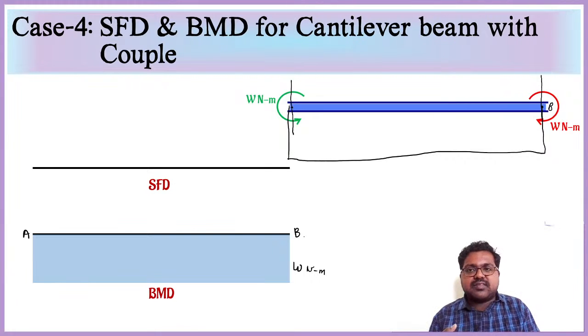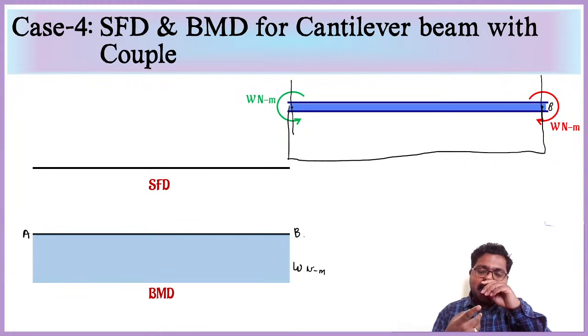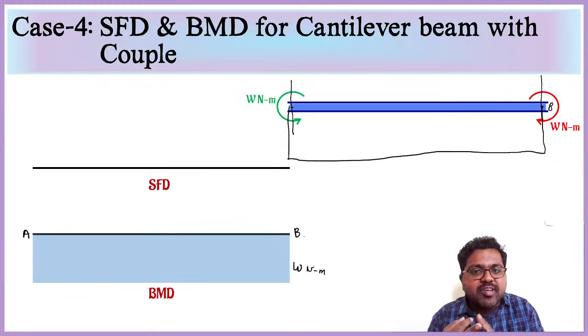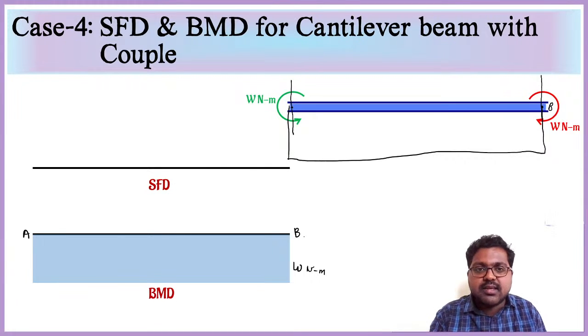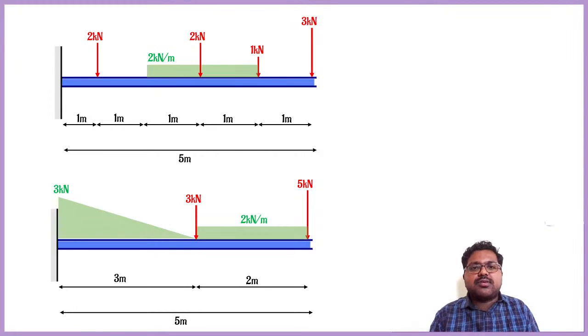So we have just discussed a cantilever beam with point load, with uniformly distributed load, uniformly varying load, and with a couple. These are our cases. In practical problems, when we go to solve, we will take this kind of problems.